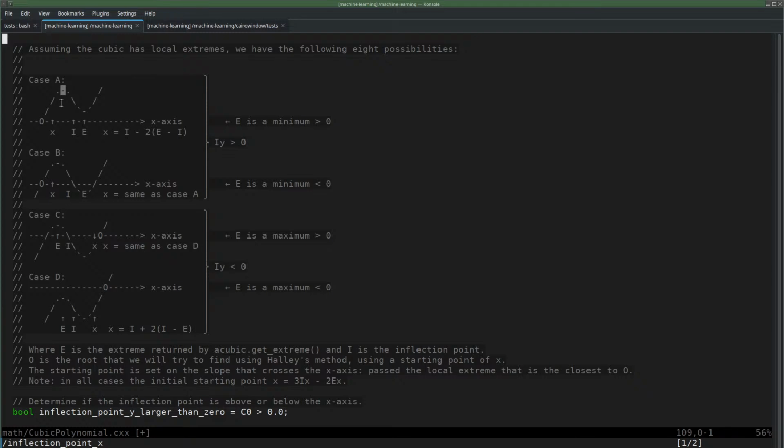Extreme, so it's either this extreme, which is at minus 1 now, or this extreme, which is at plus 1, and that depends on the value of the inflection point. So if the inflection point y is larger than 0, then we must use minus 1 for the extreme. Larger than 0 means minus 1.